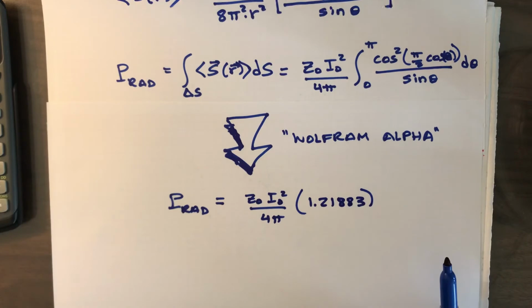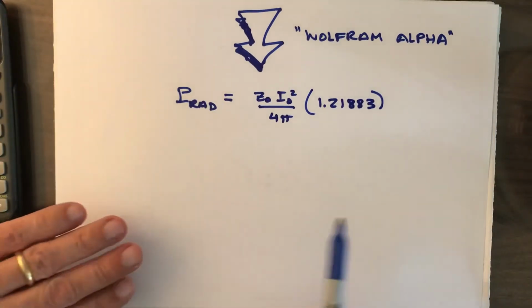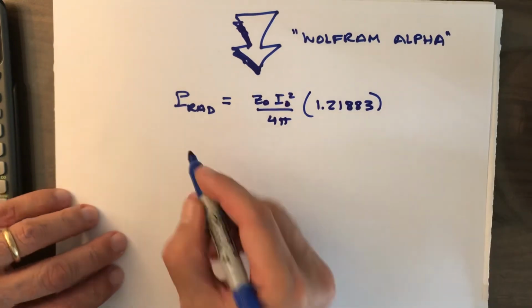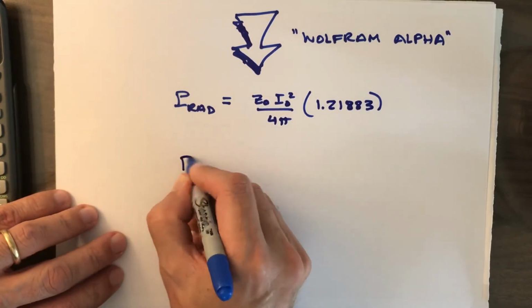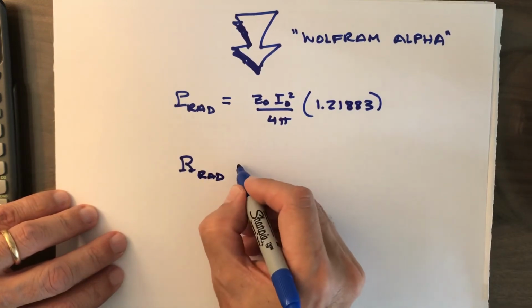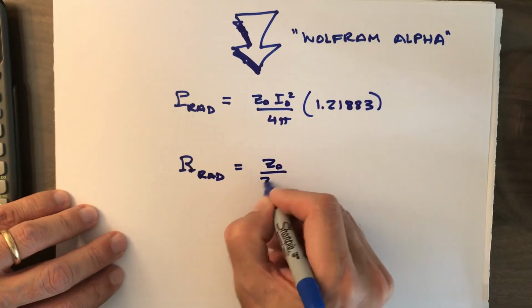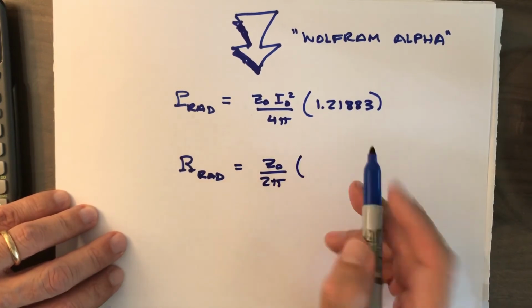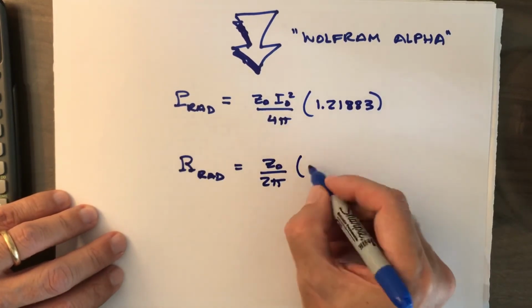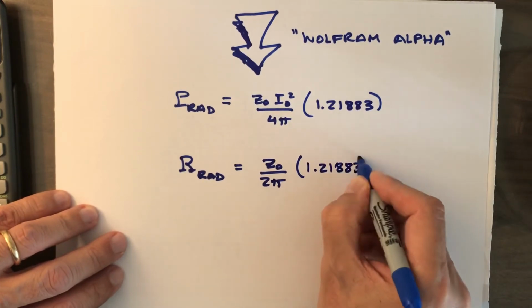Okay? So the other thing to note here is that from a previous presentation, we did define the radiation resistance to be equal to Z naught over 2 pi times the value of that integral, which in this case is 1.21883.